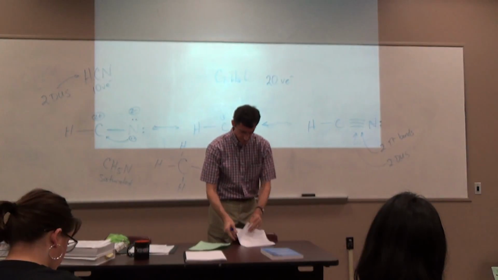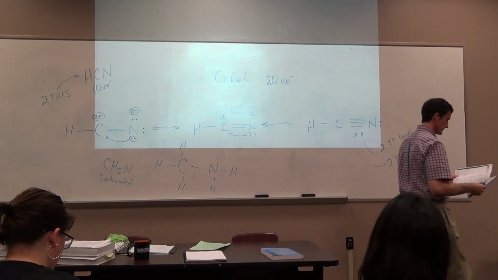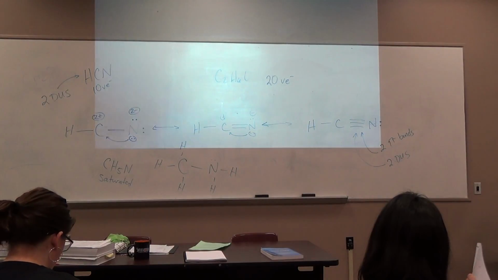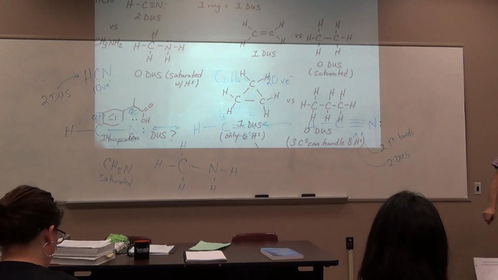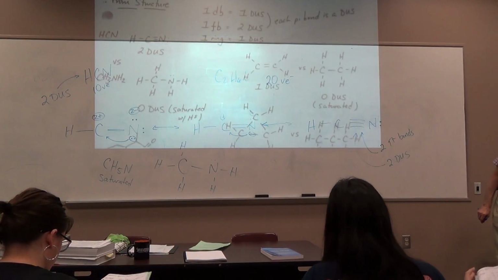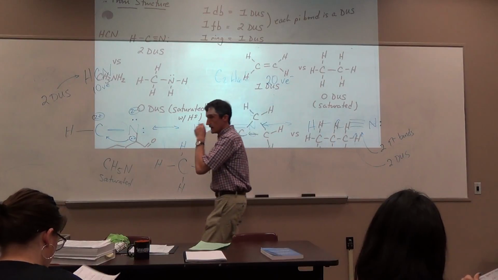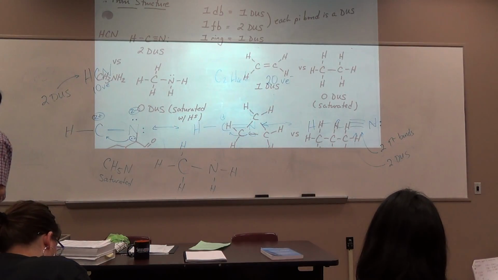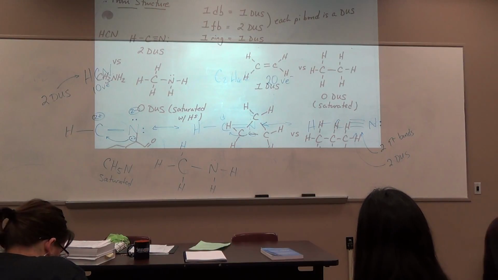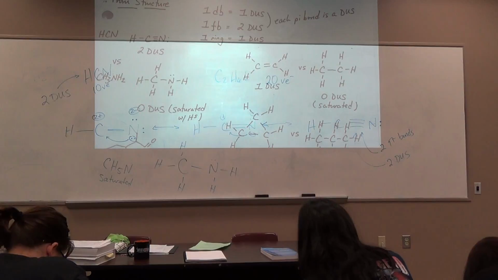Let's look at the DUS. Back here it says DUS. Basically it should be, well, it's all there. I want you to look at it, see if you understand it. We touched on it a little bit.